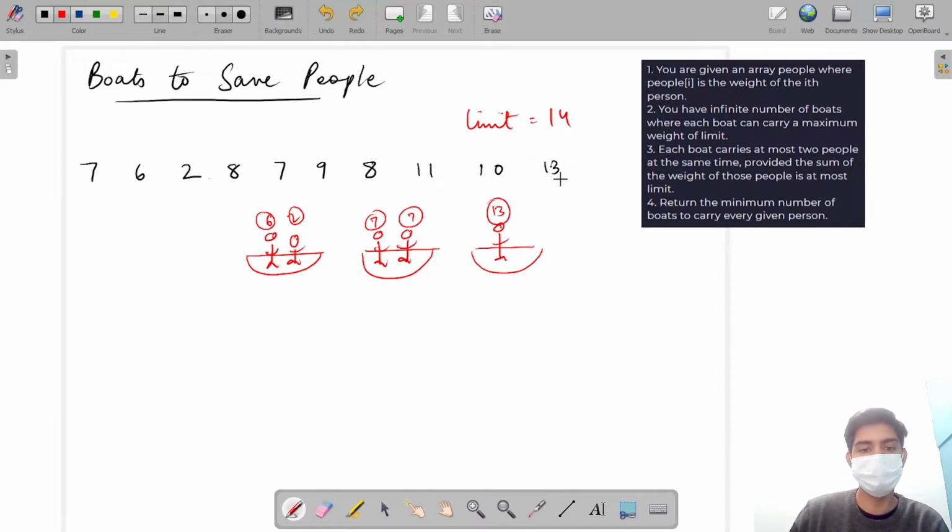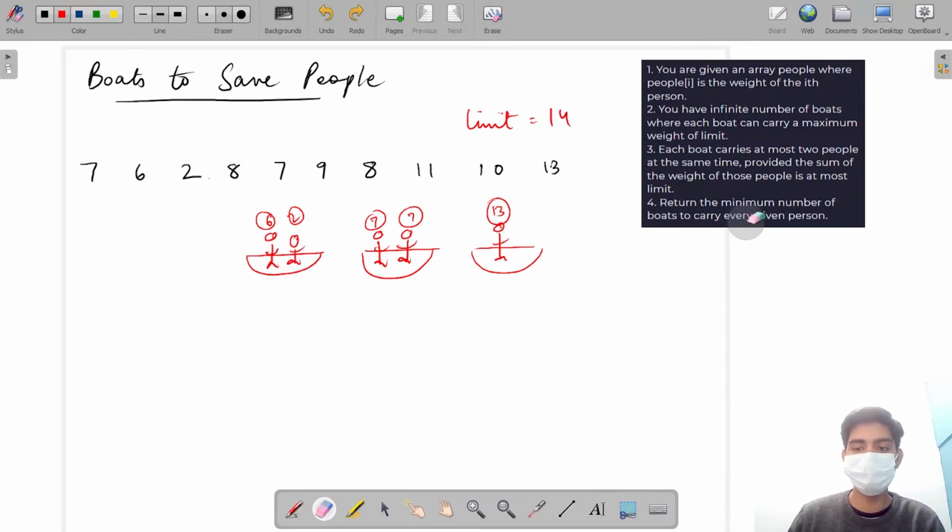This is my largest number here, and I cannot pair this 13 with someone else without exceeding the limit. I can pair this with 10, but it will exceed my limit. So I cannot pair this 13 with someone else. So these are my valid combinations, and I can have this number of boats with these combinations.